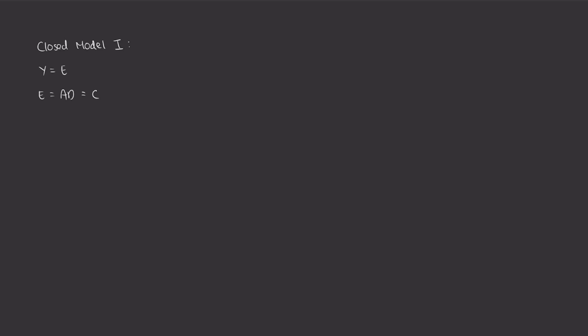And then you have closed model 2, AKA the public sector model. I'll put public sec for short. That includes C and I, so it'll be Y equals E, then E equals AD, which equals C plus I.